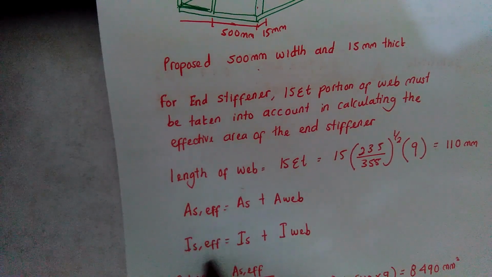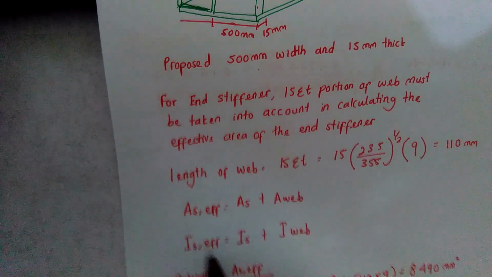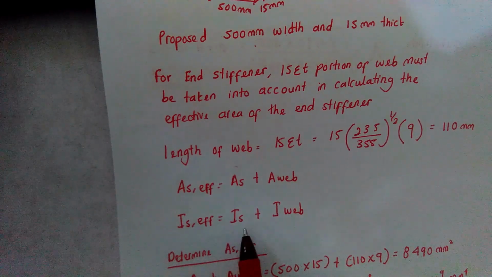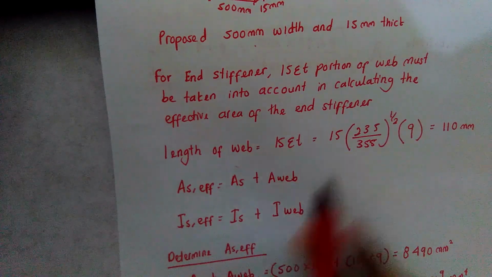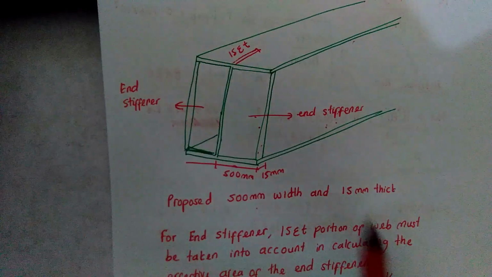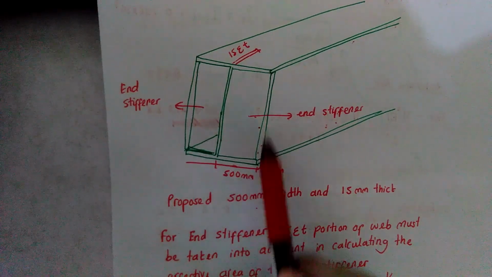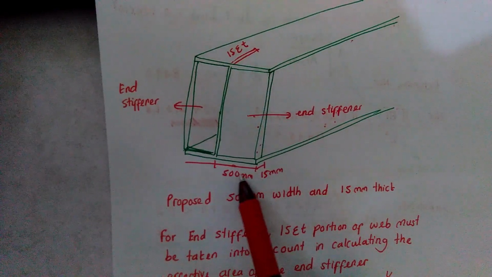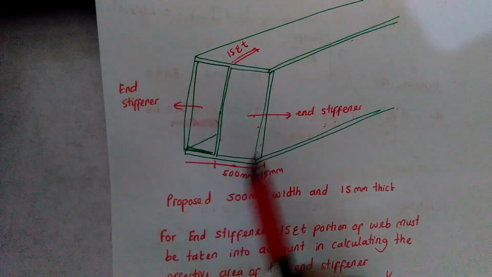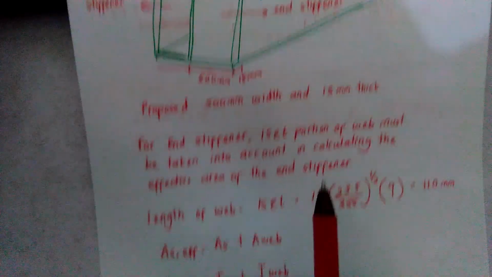Similar goes for the second moment of area of the stiffener, whereby you have Is. You need to calculate the second moment of area for this particular size, 15 mm thick, 500 mm, and height is 1930.